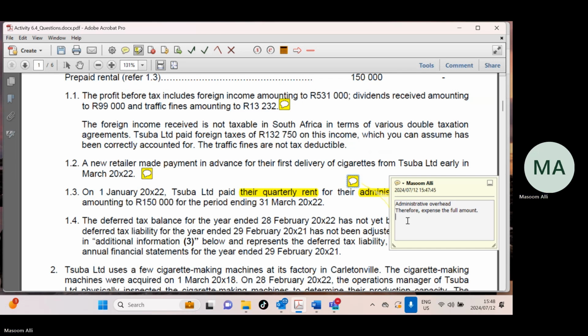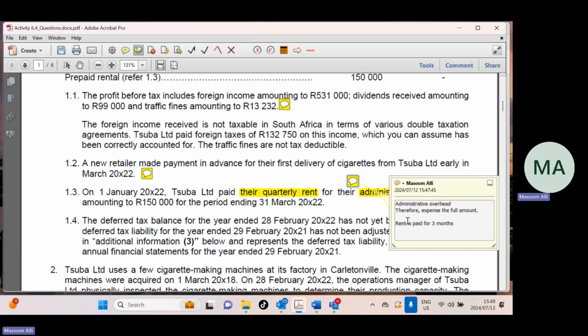However, we need to note, right? This is quarterly. So quarterly is what? January, February, March, right? So we need to take this into consideration as well now. So we need to say, okay, how many months do we need to account for, right? So the rent is paid for 3 months, right?